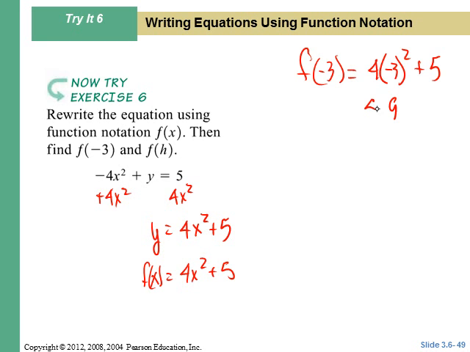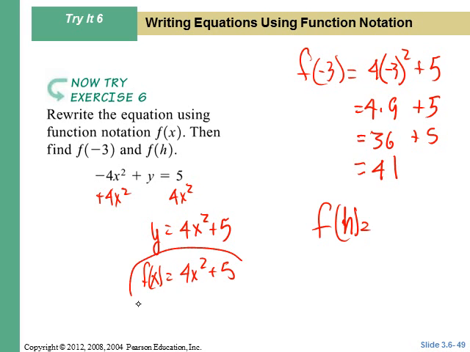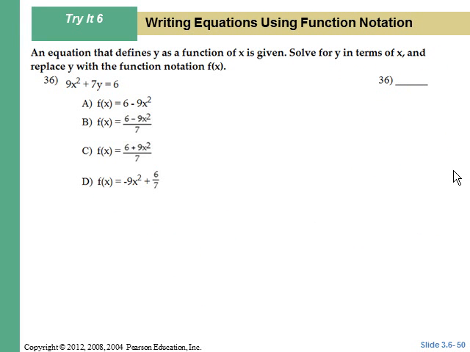Negative 3 squared is 9 times 4 plus 5 is 36 plus 5 is 41. So f of negative 3 equals 41. Now, f of h, go back to this, 4h squared plus 5. I think this is the last one.